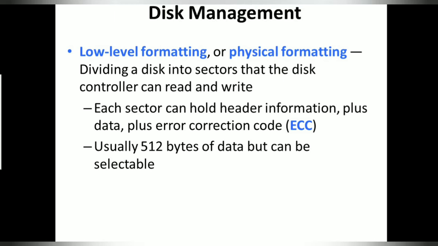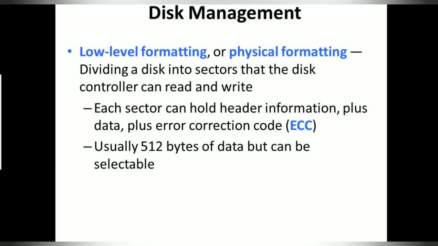So it just has the magnetic recording material, and the process of dividing this disk into sectors and filling the disk with special data structures is called low-level formatting. The sector is the smallest unit of area that is read or written by the disk controller.